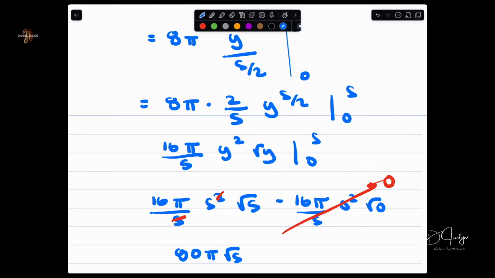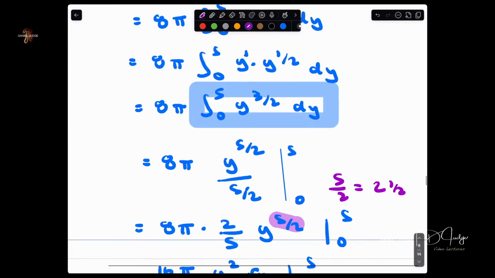We simplified over here. You guys remember this? 5/2 is really, let's double check here, 5/2 is really 2 1/2. Yeah, so it looks like we're good with that. Power 2 and then 1/2. Plug in the 5. Was that 0 to 5?